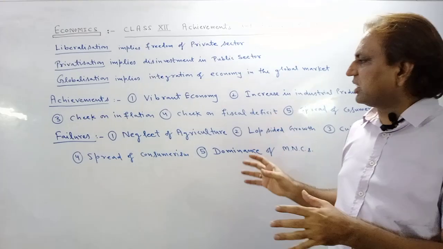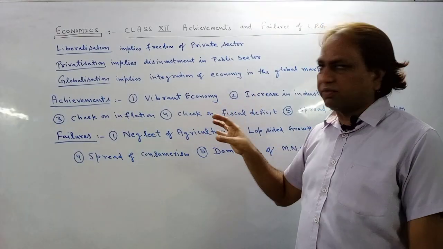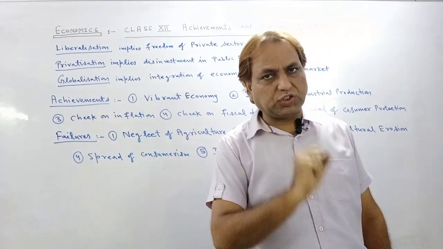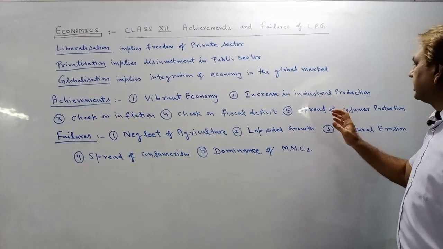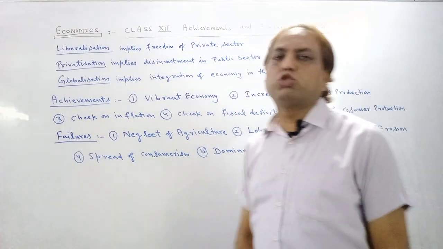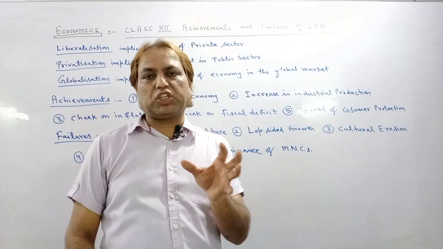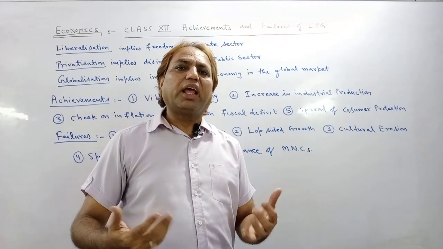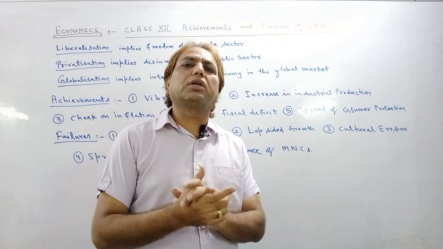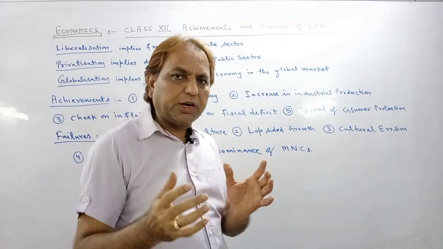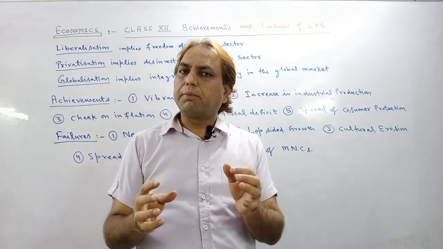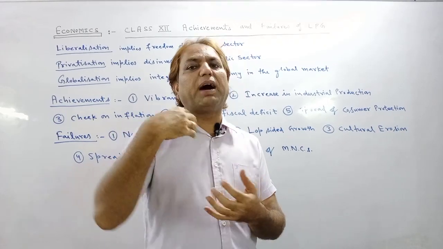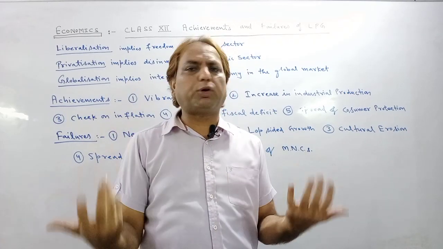So our fiscal deficit was on a check. It was controlled by LPG. The last one is spread of consumerism, which means consumer protection. When you give power to the private sector, it definitely gives power to the consumer. The consumer becomes the king in the market, because only when the consumer's demand comes, production is done.